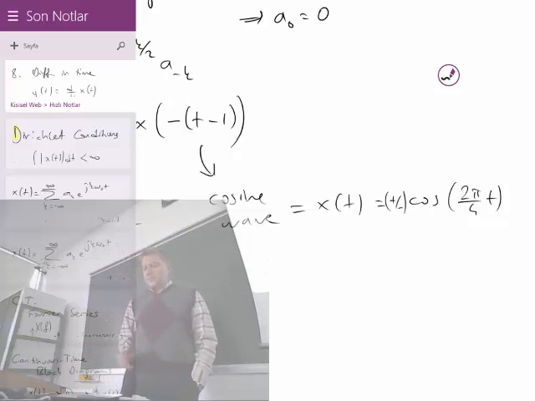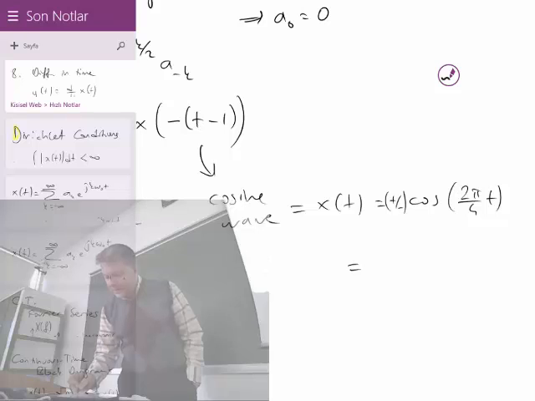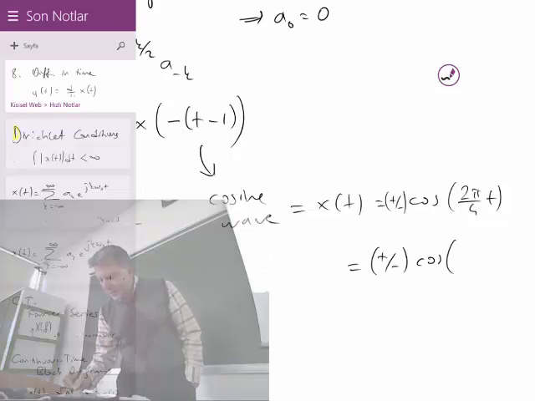And that's it. We can write it like this: plus or minus cosine pi t over 2.